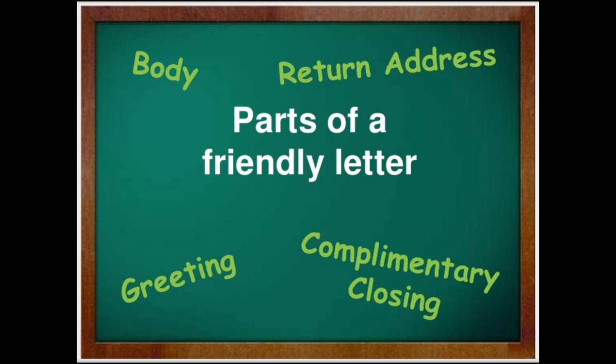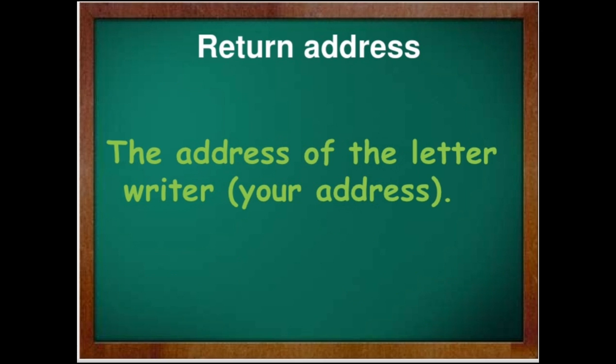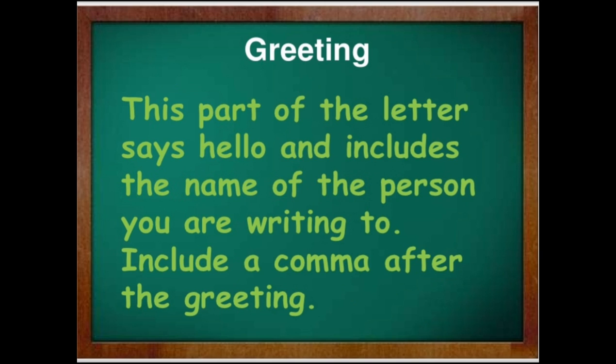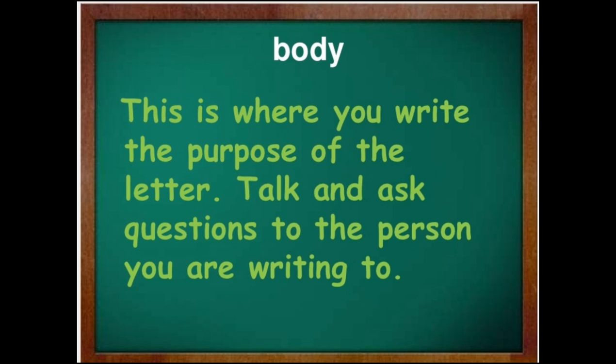We are going to have an idea about the parts of a friendly letter. Simply you write your address. It means the address of the letter writer. It means your address. The greeting, as I said, is "Dear" plus the name of the person, the receiver who is going to read your letter, and a comma. The body, this is where you write the purpose.